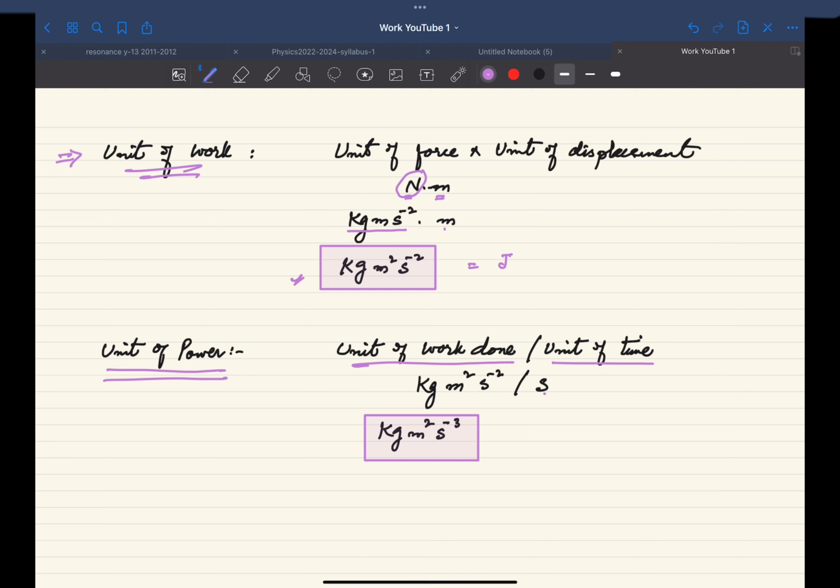So kg meter square per second square divided by second. What you are getting is kg meter square second power minus 3, or per second cube. So this is the unit of power. I hope that you have understood these very simple definitions, their units and their equations.